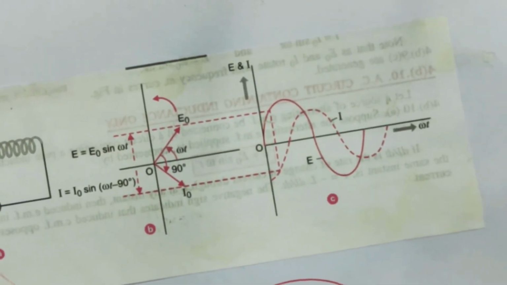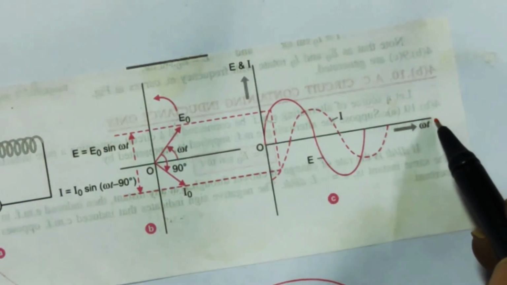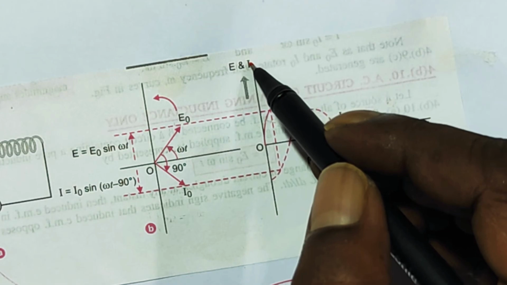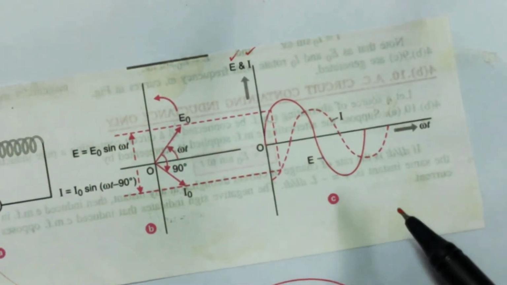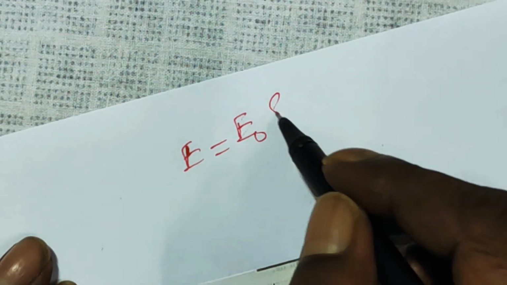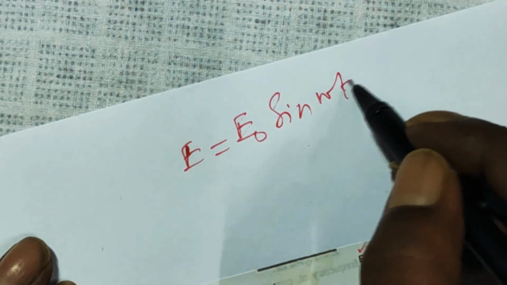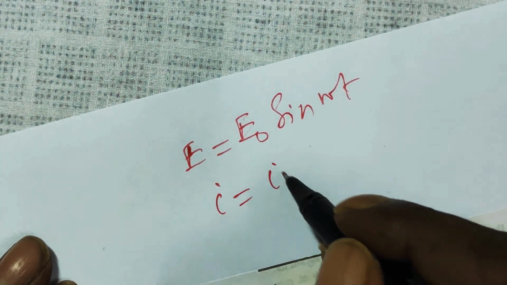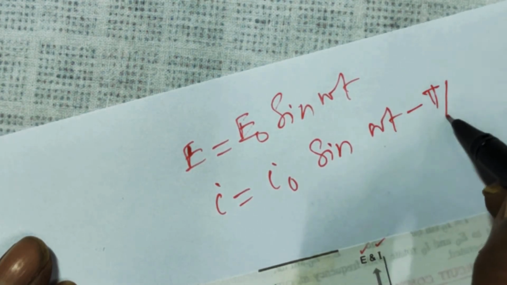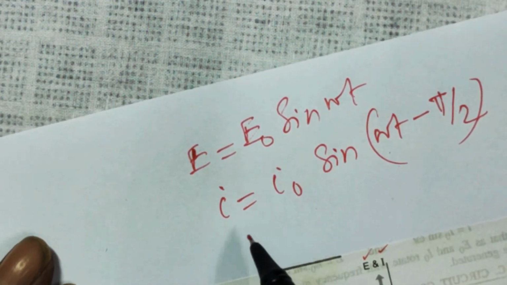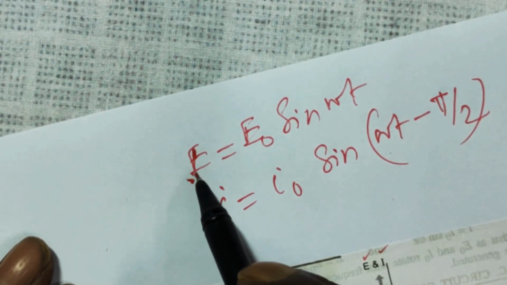Now, if you look here, to this side is your omega t, and on the y-axis is your voltage or current. I had taken E equal to E naught sin omega t, and I found out I is equal to I naught sin of omega t minus pi by 2. That is, the current is lagging behind the EMF.